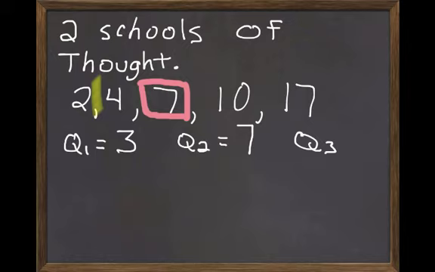That would be our first quartile. Same thing with the third quartile. Go to the other side. Between 10 and 17, we have 10 plus 17, which is 27. Divide that by 2, we get 13.5. So that's the first school of thought: we ignore the actual median when finding the Q1 and the Q3.